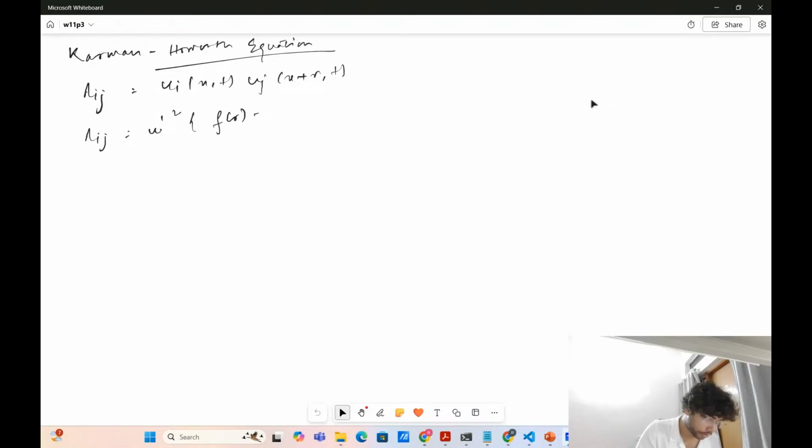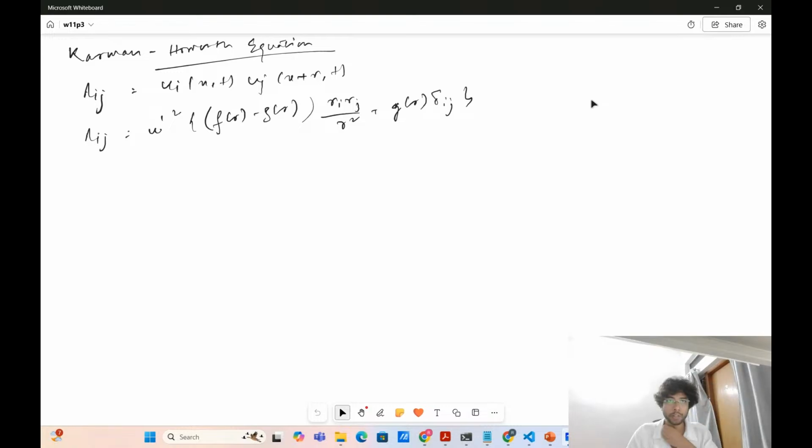In the lecture, if you see, the professor has written R_ij in this form, which is just a simplified form of this. He has taken this as A and this as B, so we can write anything, f minus g, any function with this.